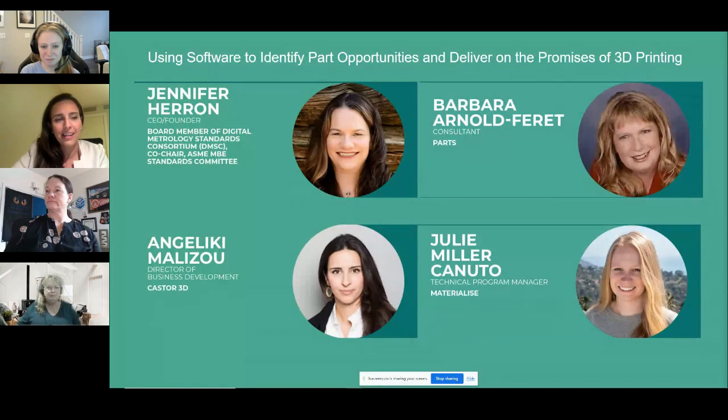So ultimately, it answers the question, can this part be printed? And it comes with many considerations. And also, should this part be printed? Meaning, is there a business case? Is it faster? Is it cheaper? Is it better? So this is our main focus. And yeah, really excited about the discussion.